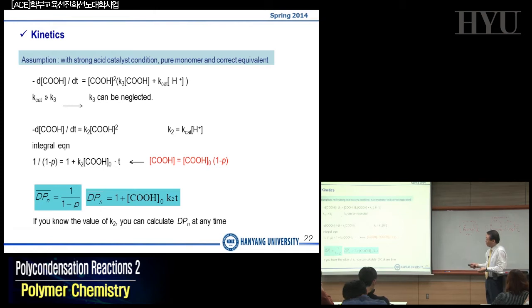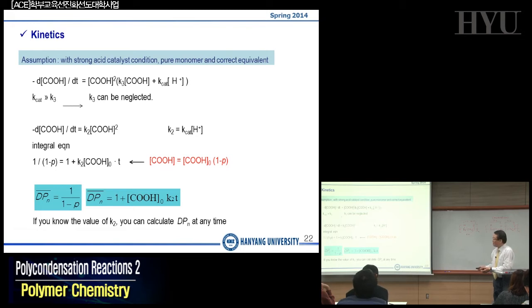Therefore, we know that DPn is equal to 1 over 1 minus p according to Carothers. Because we know 1 over 1 minus p here in this case is equal to 1 plus K2 times initial concentration times t, by knowing 1 over 1 minus p, which is the DPn, we can rewrite this DPn equation from the rate constant and time t.